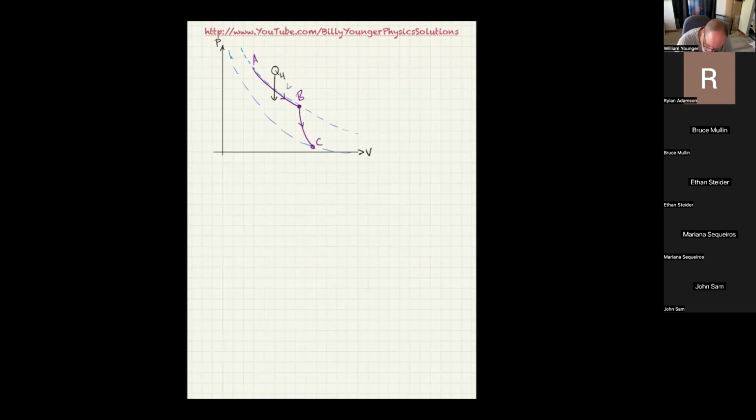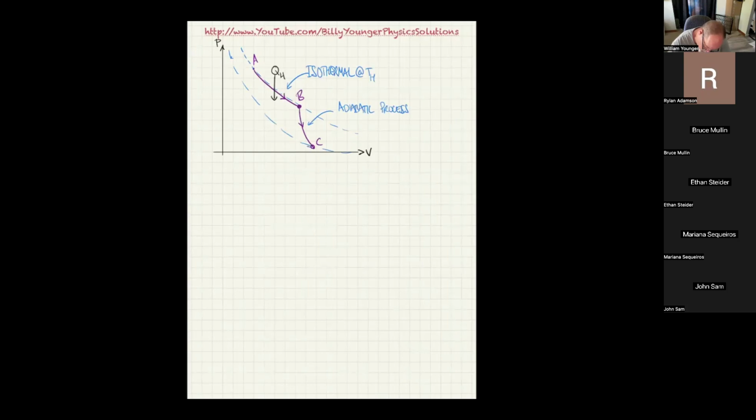This part is an isothermal process, and that's going to be isothermal at TH. And this part is going to be an adiabatic process, like that. And it's going to go from B to C.